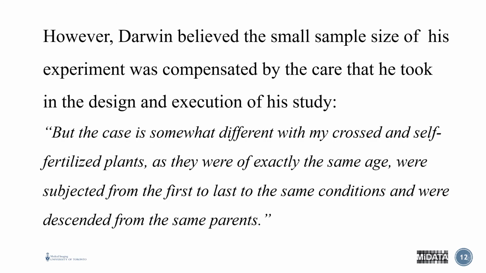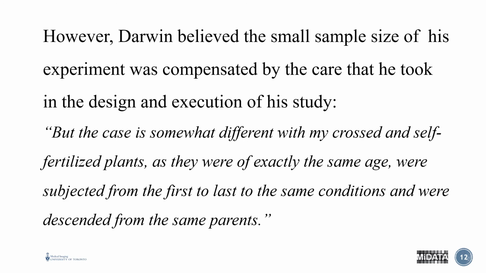However, Darwin believed the small sample size of his experiment was compensated by the care he took in the design and execution of his study. So he states, "But the case is somewhat different with my crossed and self-fertilized plants, as they were of exactly the same age, were subjected from first to last to the same conditions, and were descended from the same parents."